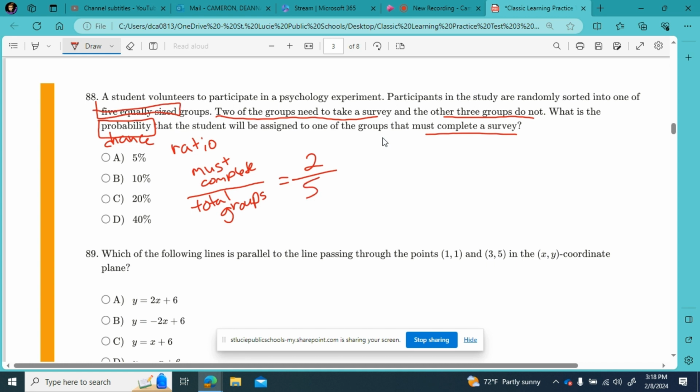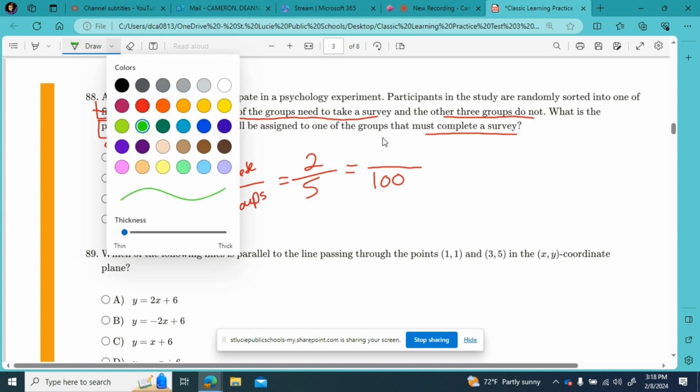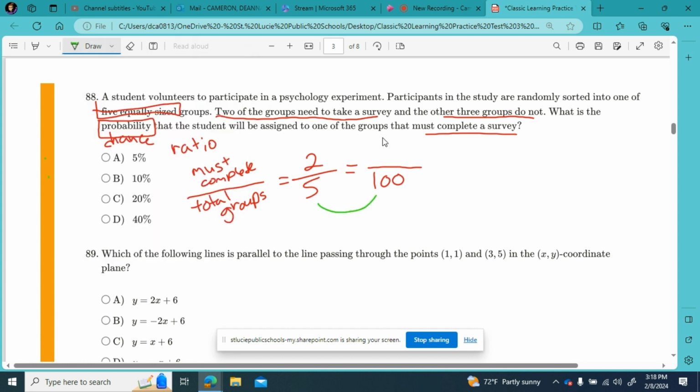And then to turn our fraction into a percent, we need to write our fraction as an equivalent fraction with a denominator of 100, and our percent will be the numerator. So how do we turn 5 into 100? That would be 5 times 20. Maybe you remember that from one of the questions up above, or maybe you just already knew that.